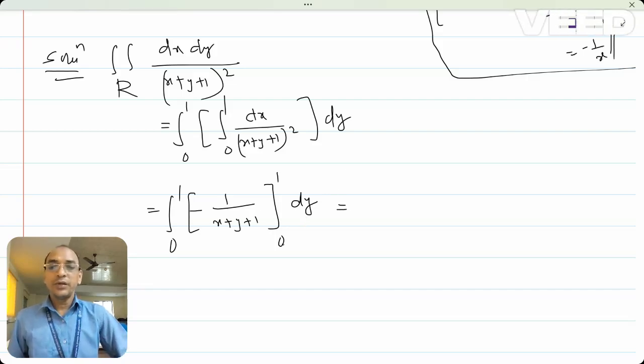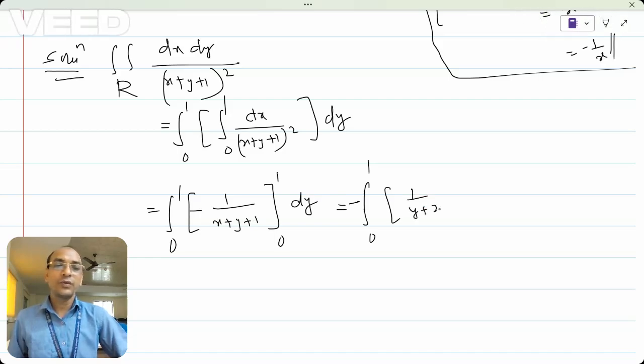Now remember, these limits 0 to 1 are the limits for x. So wherever x is there, I will put the upper limit as 1 and the lower limit as 0. If I do that, I can take the minus out, and for the upper limit x is 1, and already 1 is there, so I get y plus 2.